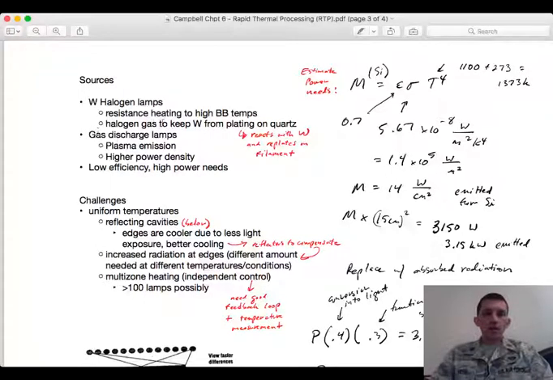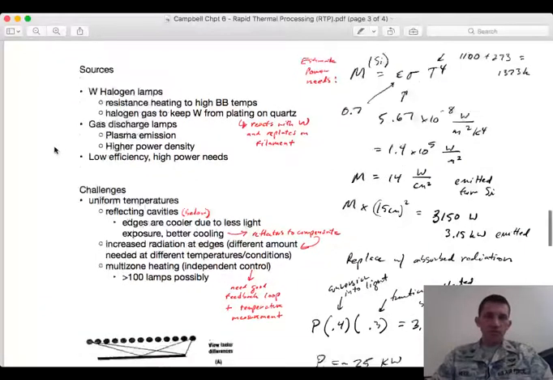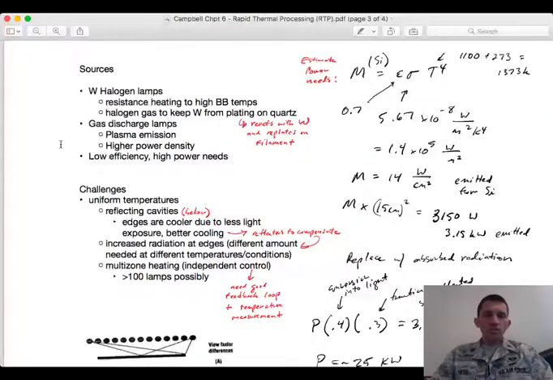The halogen gas reacts with those tungsten atoms and redeposits them back on the filament, so you have a longer filament lifetime. You can also heat with a glass discharge, where you have a plasma as your emitting source. In any case, these are relatively low efficiency, so you need a lot of power.